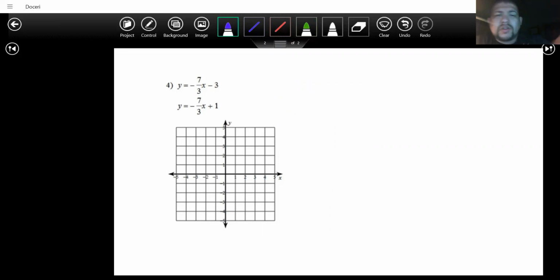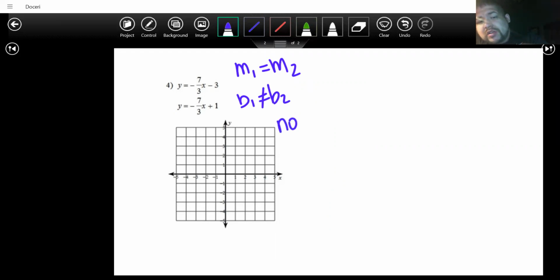Looking at this first one, I want to identify the slopes. So our slopes are the same. In this case, both slopes are the same. But if we look at the y-intercept, because the y-intercepts are not the same, this is no solution. Let's see if I'm right.